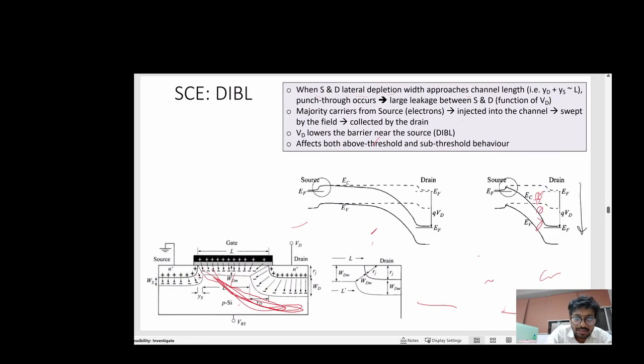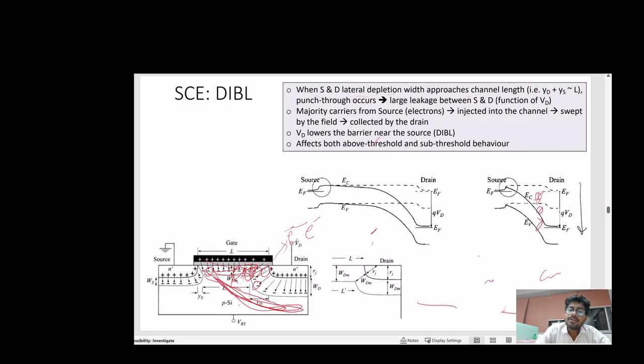Electrons are moving in this direction, and here atoms are there. These electrons will collide with these atoms and knock off electrons from the valence shell or any of the shells inside the atom. So more electrons will be generated because of this collision.